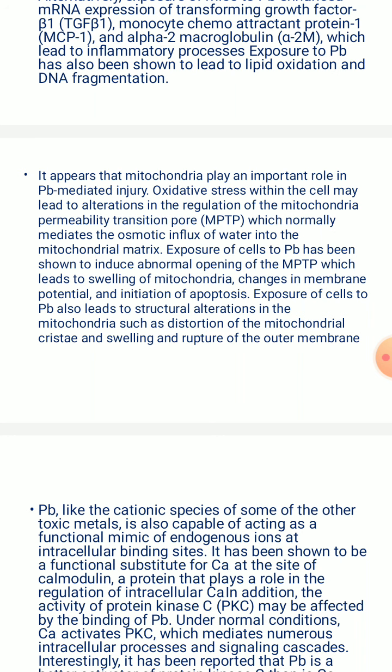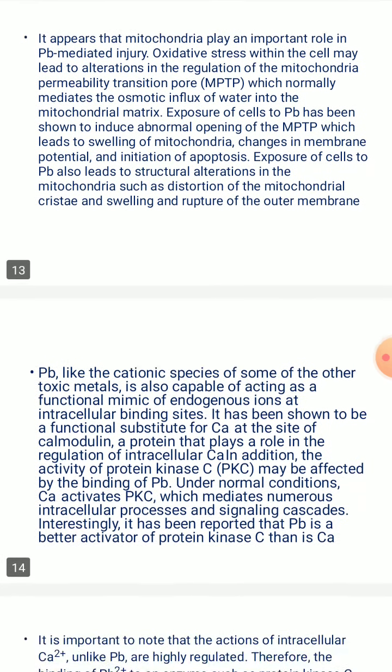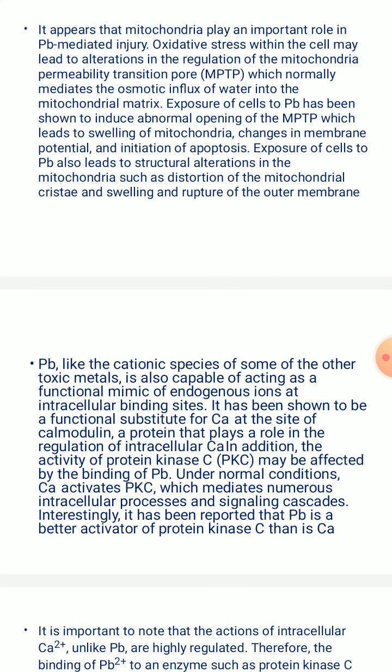Lead, like the cationic species of some other toxic metals, is also capable of acting as a functional mimic of endogenous ions at intracellular binding sites. It has been shown to act as a functional substitute for calcium at the calmodulin protein, which plays a role in the regulation of intracellular calcium.